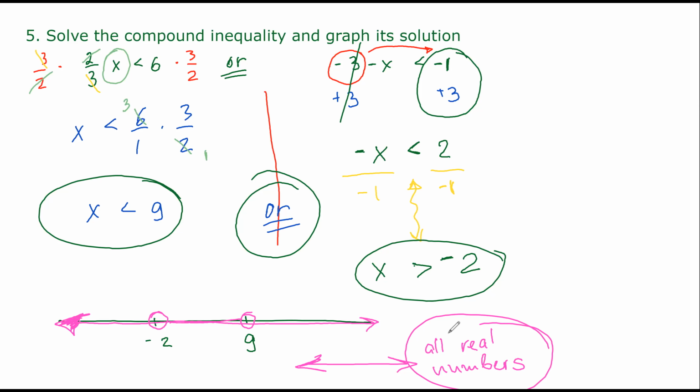The and means that both must be true, right? Both must be true. But the or means that it's either from there or it's from there. Both are okay for us. And what we got over here is that we have this interval and then we have this interval. So these intervals overlap. And if the value falls into any of them, we are good with it, right? So it means that it's all real numbers for us.